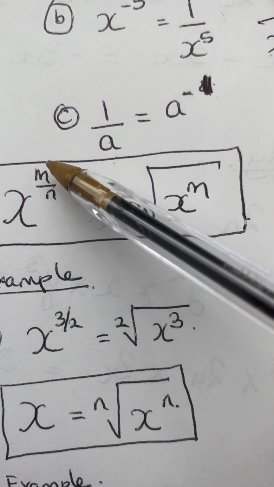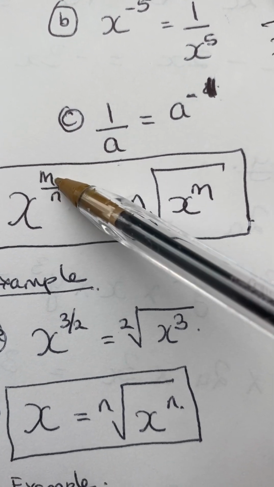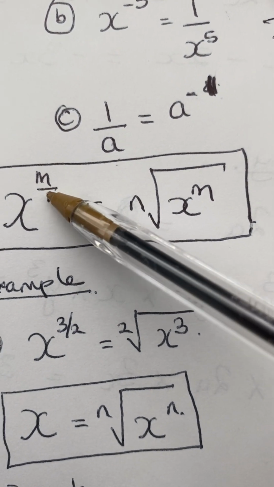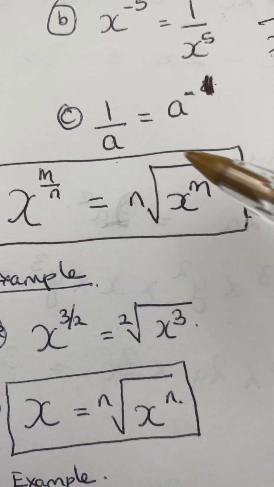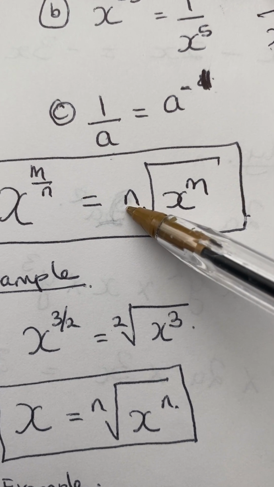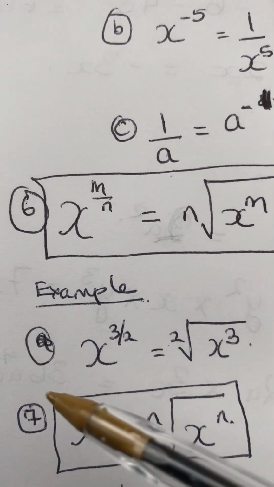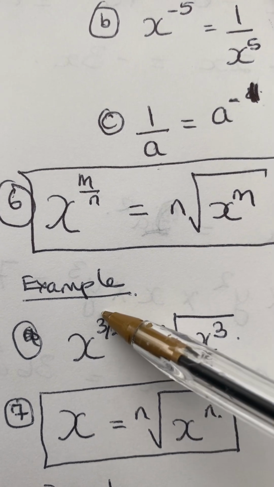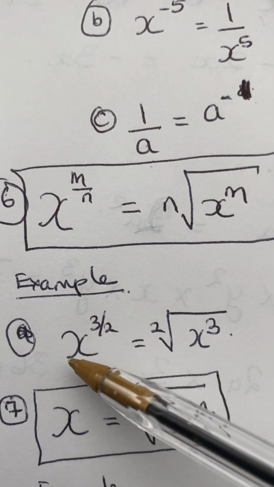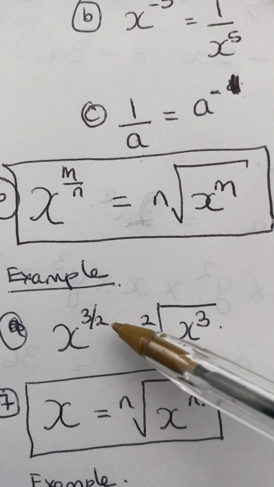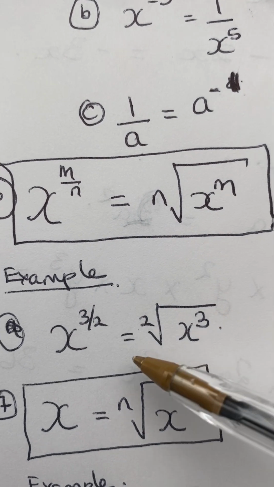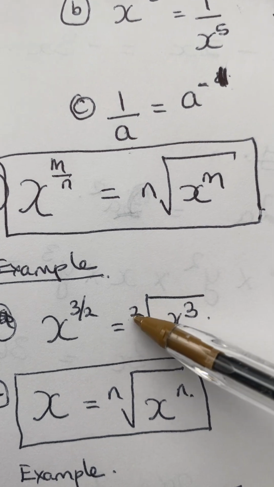Okay, m over n here is like a fraction, like 2 over 3, or 3 over 2. This means the nth root of x to the power m. So for instance, if you have x to the power 3 over 2, this is a fraction, so inside your square root you have x to the power 3, and the square root is the 2.